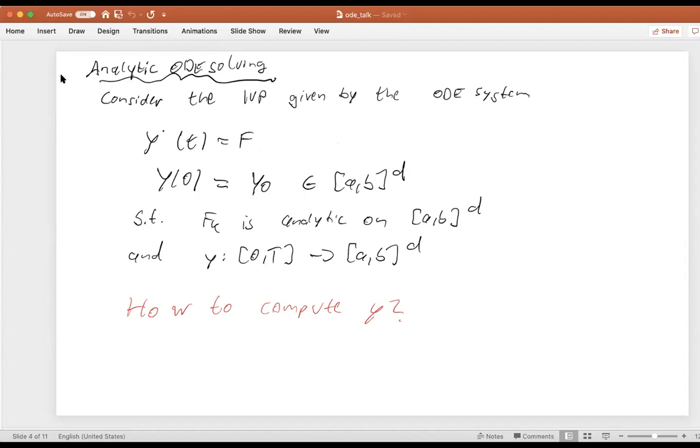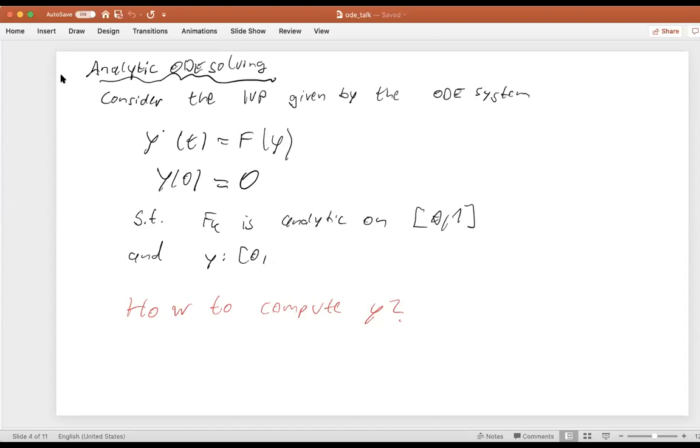And I also only want to look at initial value 0. And we replace this interval by 0, 1, and also here, everything by 0, 1.